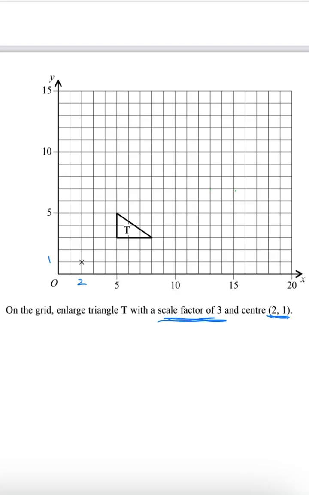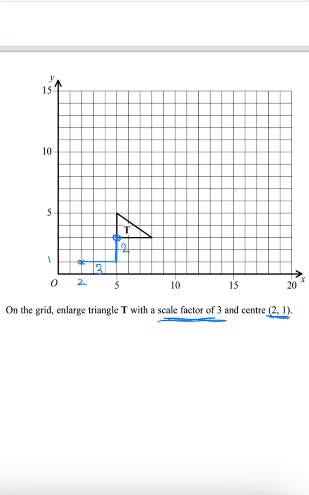So there's a couple of steps. You could draw guidelines, which I will do eventually anyway, but I'm going to start by working out how far away one of these points is, in this case, this bottom left-hand side. What's the vector, as it were, for that particular point? We're going to find out how big is the x and how big is the y. So we go across 3 units and up 2 units. 3 and 2.